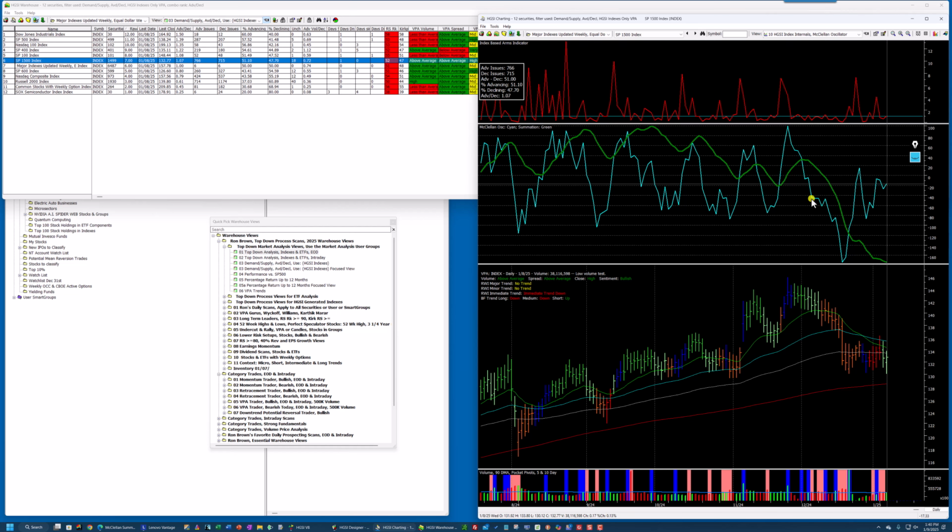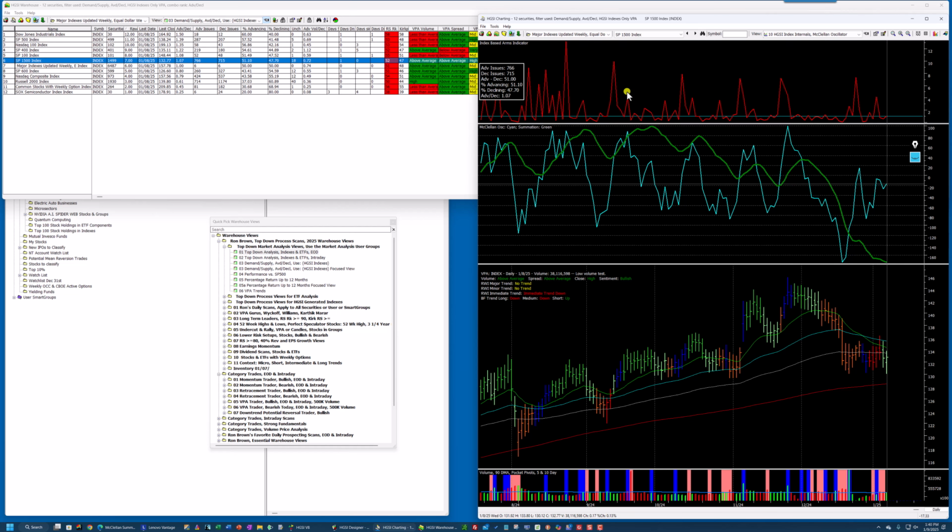I suggest you look up the meaning of the McClellan oscillator and the summation. I don't get that much use out of it, but it's in here because some people like to use it.